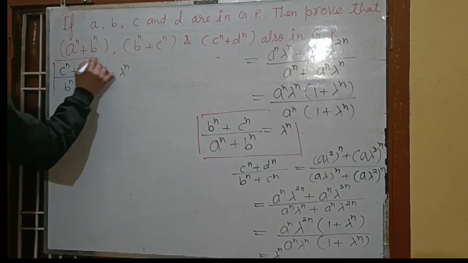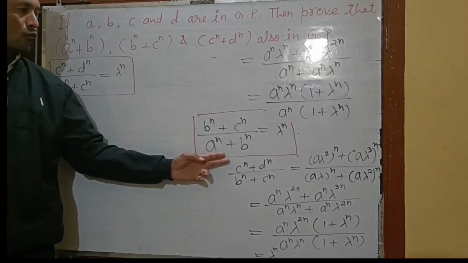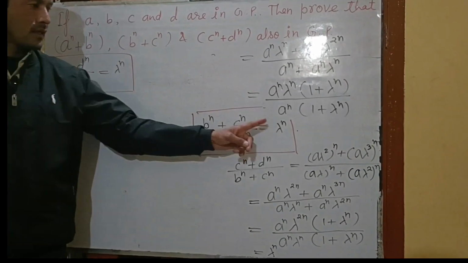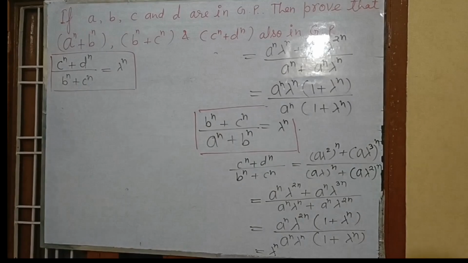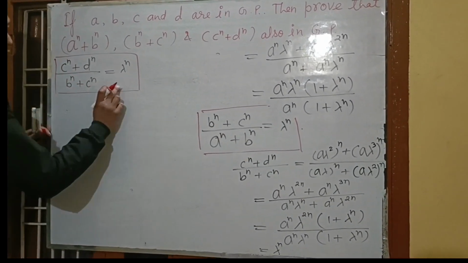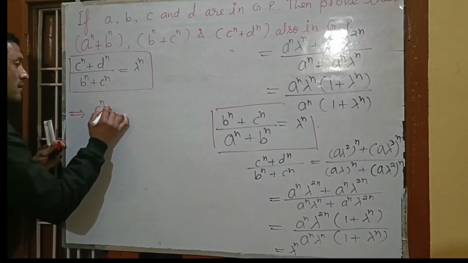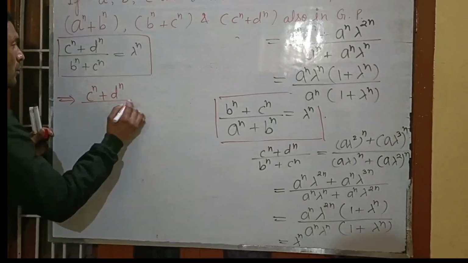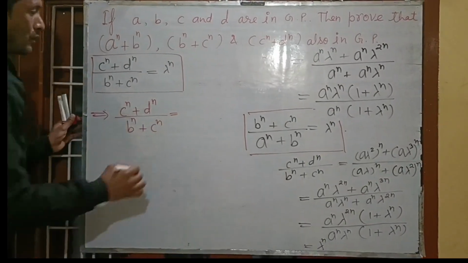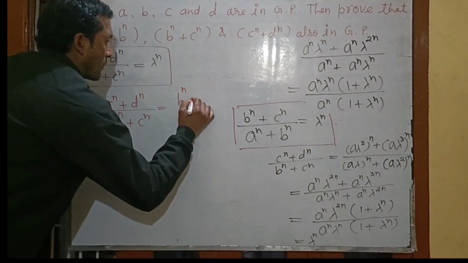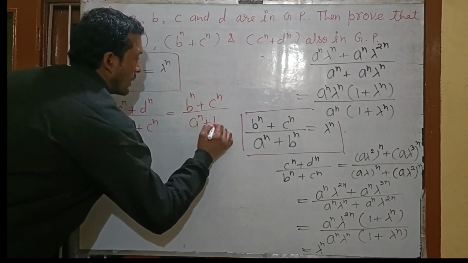In these two terms, the right hand side is equal. Therefore, the left hand sides are also equal. This implies that C to the power n plus D to the power n upon B to the power n plus C to the power n equals B to the power n plus C to the power n upon A to the power n plus B to the power n.